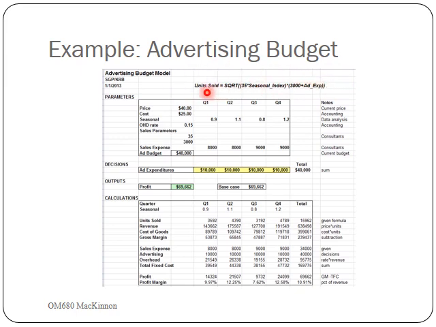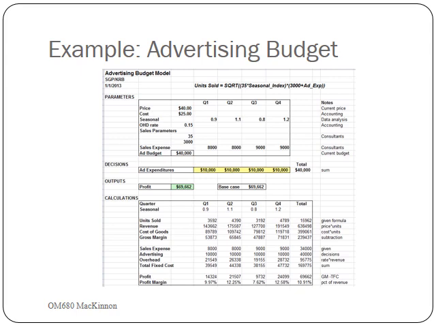This is the formula that we use to determine the units sold, and it is a function of different sales parameters and the ad expenditures. As you might guess, what you're willing to spend on ads has an impact on the number of units that you would sell.